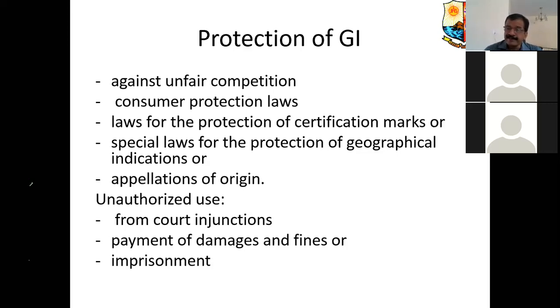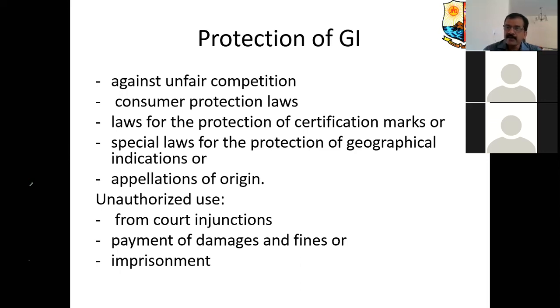Appellation of origin. This is a very interesting thing. What is the appellation of origin? The item looks very similar. You have one item, which is the GI tag item. Someone else may manufacture an item looking very similar to that product, but it is not the original one.